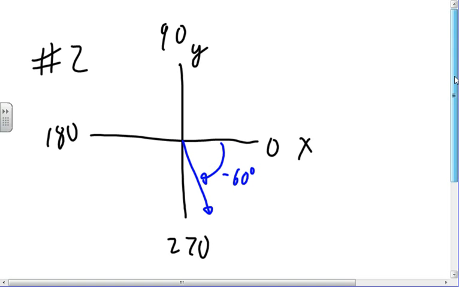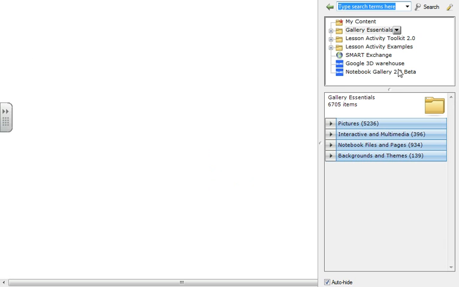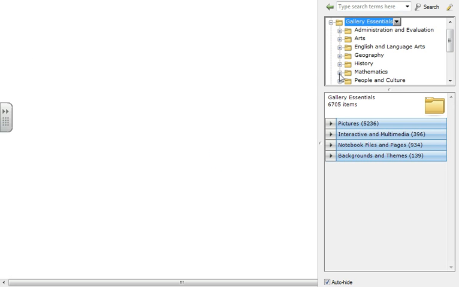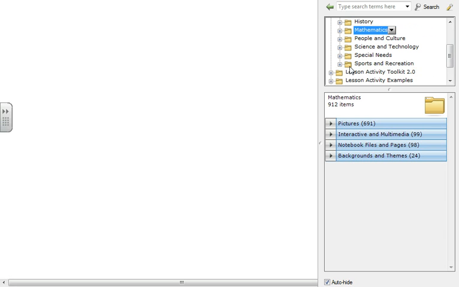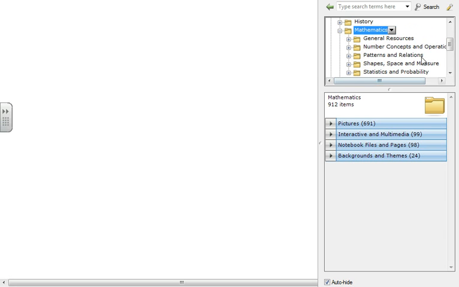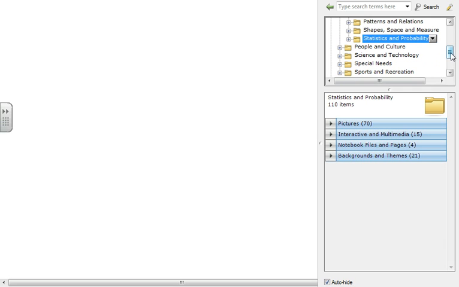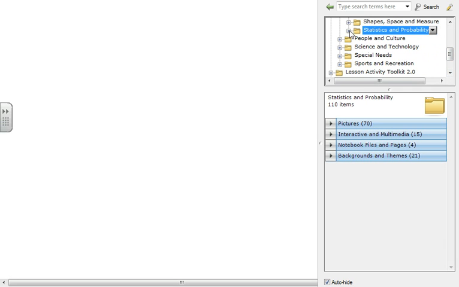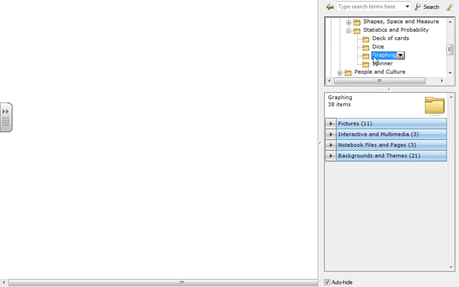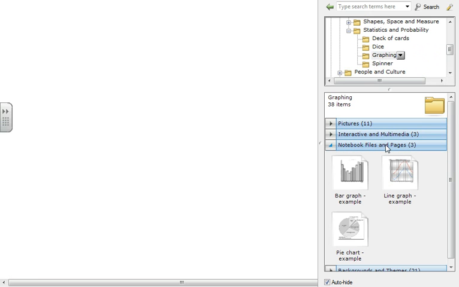We're going to look at number 4. Why don't we go and see if I can find some graph paper. Gallery Essentials, Mathematics, Statistics, Graphing. No. Dice. Deck of cards.